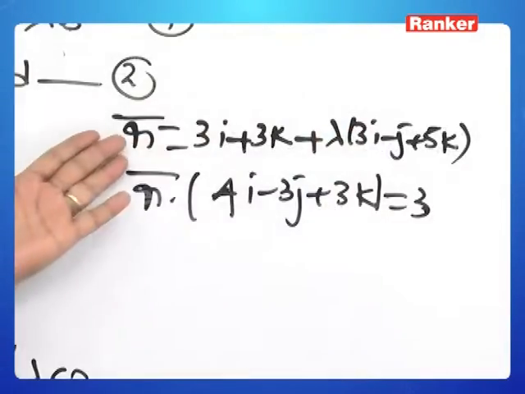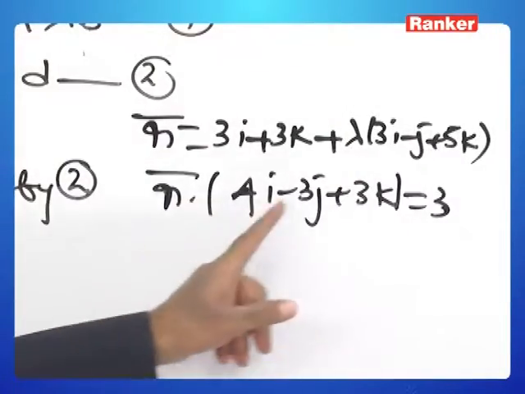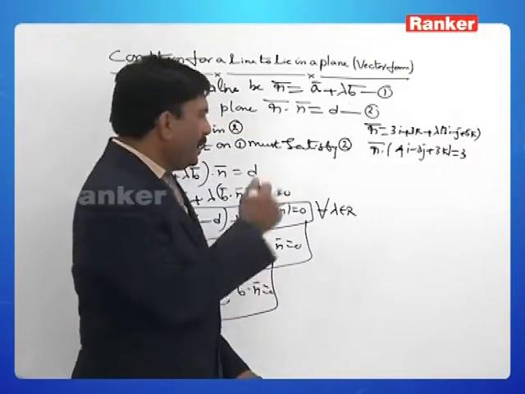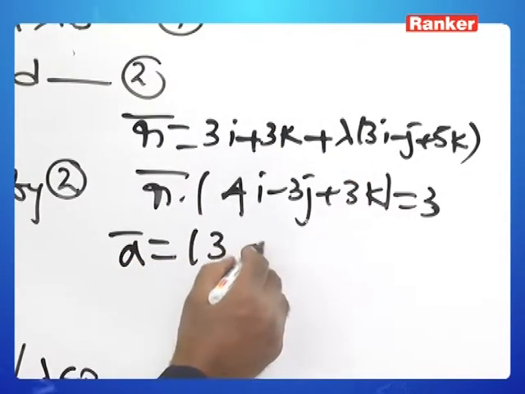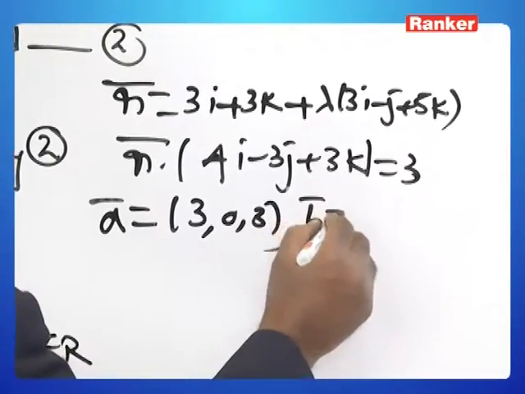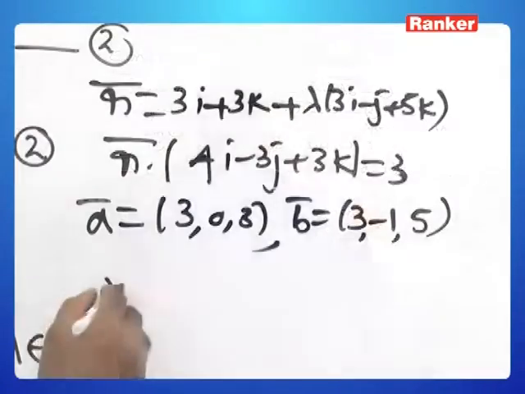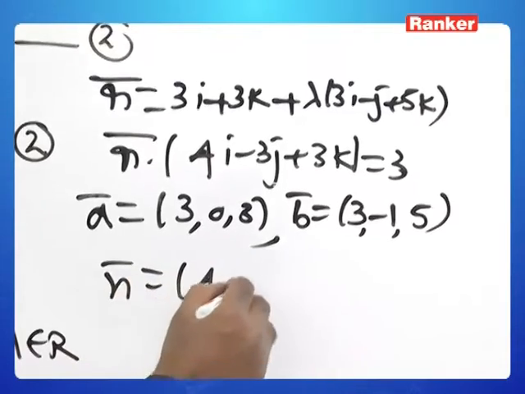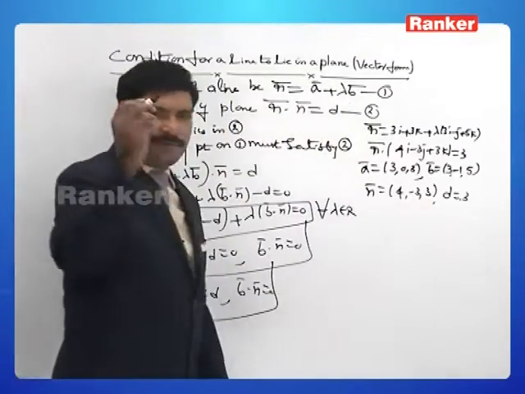The line is r bar is equal to a bar plus lambda b bar, and the plane is in the form r bar dot n bar is equal to d. Let us write a bar is equal to 3, 0, 3. Next, b bar is equal to 3, minus 1, 5, and n bar is equal to 4, minus 3, 3. Next, d is equal to 3.